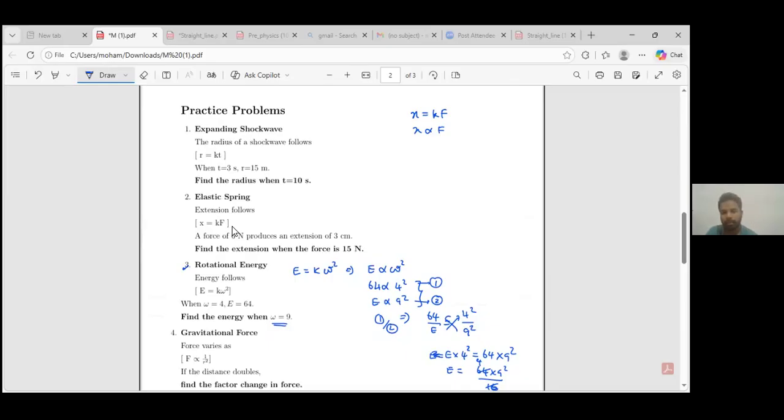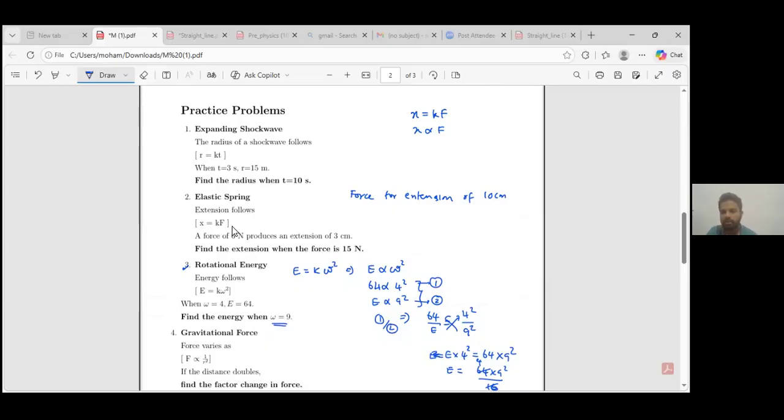Now here the force is given for two situations, and they're asking us for the extension. Let me just flip this question a little. What if they ask what is the force for an extension of, let's say, 10 centimeters? So we have x equals kf, or x is proportional to f.